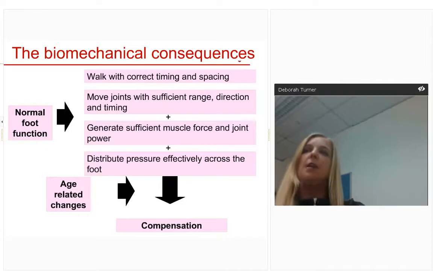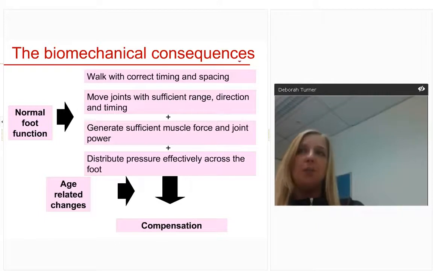And there needs to be the ability for these forces to be distributed effectively as the pressure profile across the foot. And when we consider age-related changes, we will see distinct changes in all of these areas, resulting in compensations. And we'll talk about that in a little bit more detail in a minute.